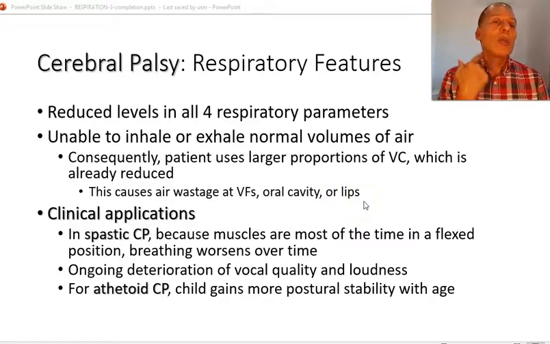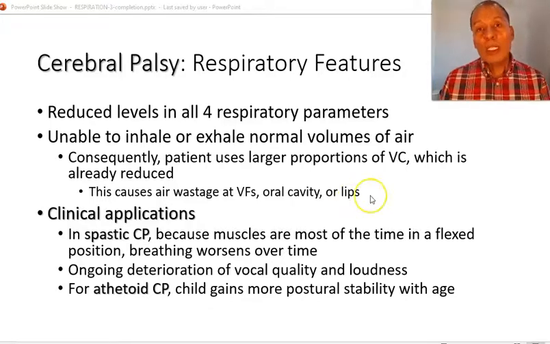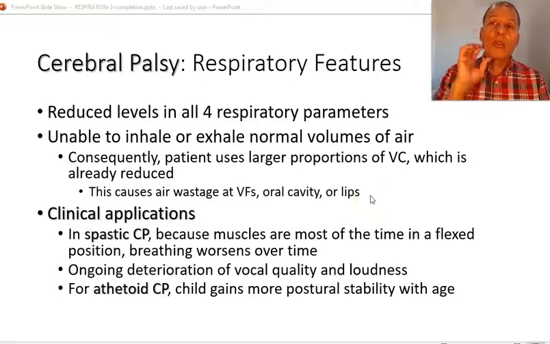So all of these areas could be sources where more air could be wasted, which means that the pressure will decrease. So the more air you waste, the less the pressure is gonna be.